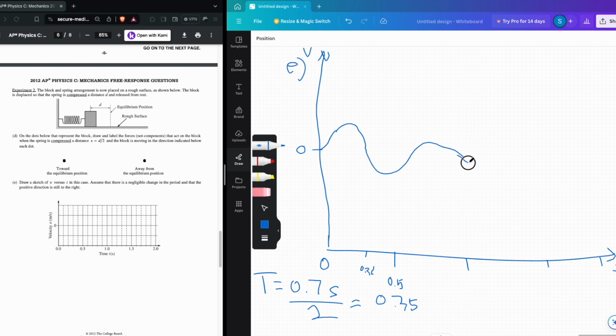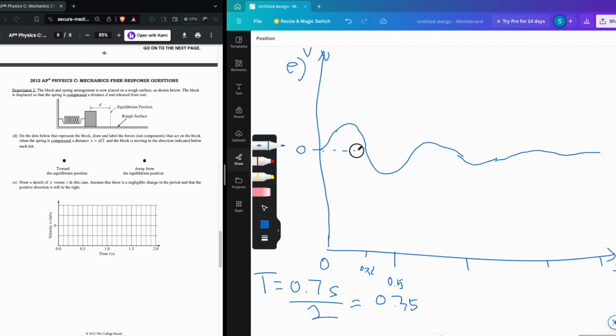Then it would go back up at about 1.4, and it should just continue like that. As you can see, the amplitudes are decreasing.